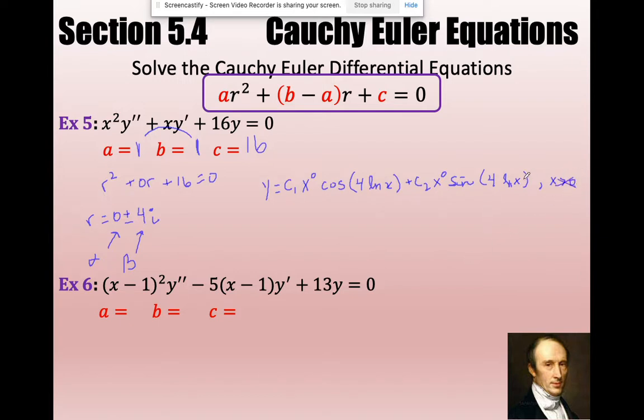Or again, you can scratch that and just do this if you like. And of course, you don't have to write the x to the zeros, right? Because that's just 1.